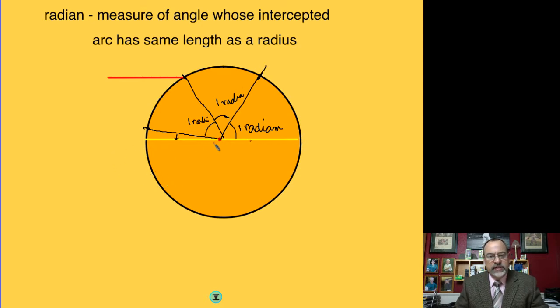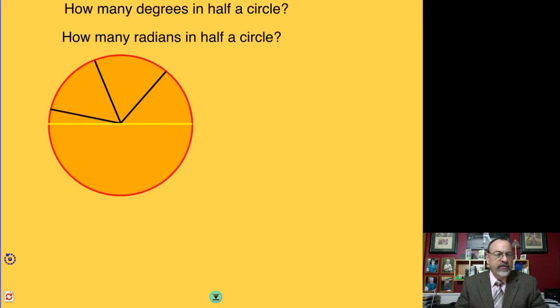And actually we're going to take a look at that more closely. How many degrees would there be in half a circle? Half a circle would have 180 degrees, right? How many radians are in half a circle? This would be 1, this would be 2, and this would be 3 plus a little bit more.